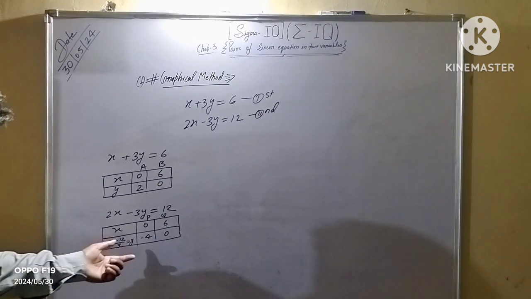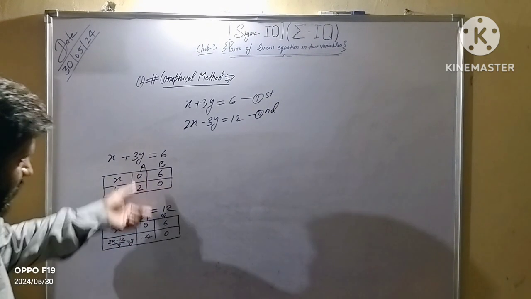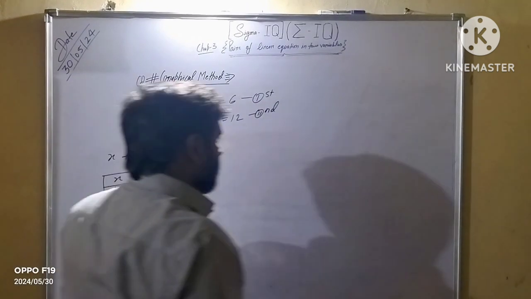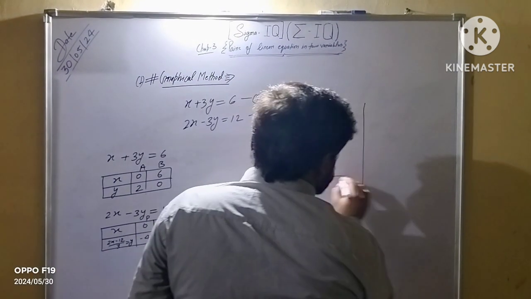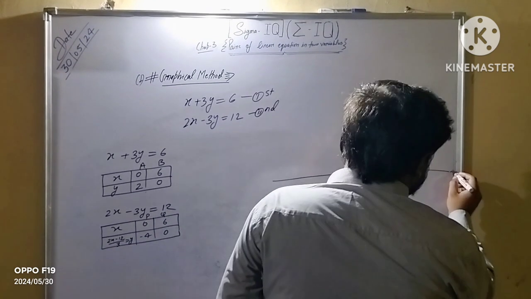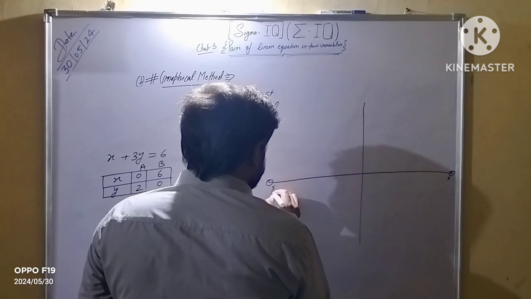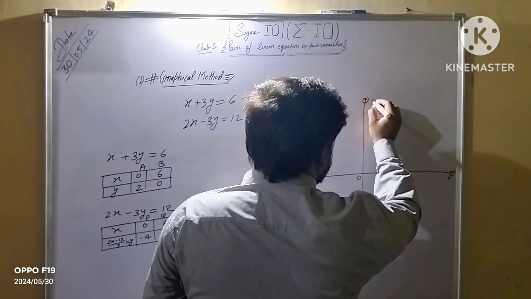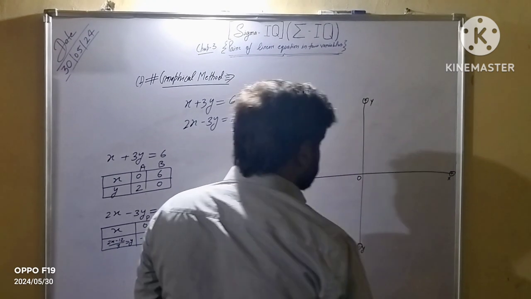Now, regarding to plot the graph of both equations, we need Cartesian plane. So we will sketch roughly. This is plus x direction, this is minus x direction, this is origin point, this is plus y direction, this is minus y direction.